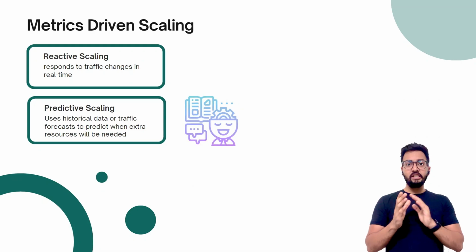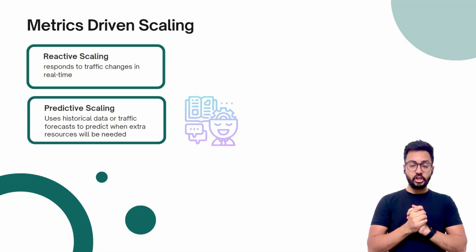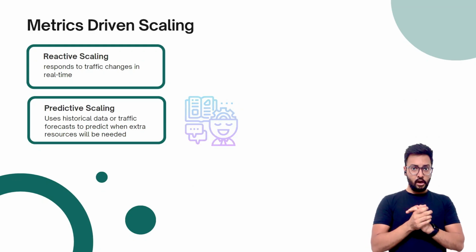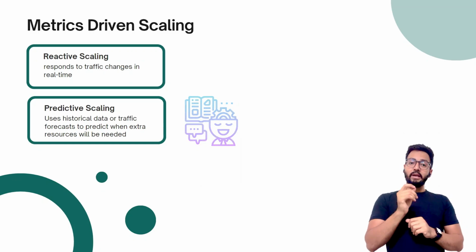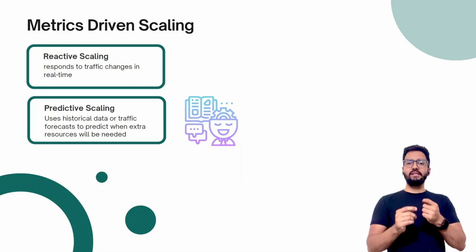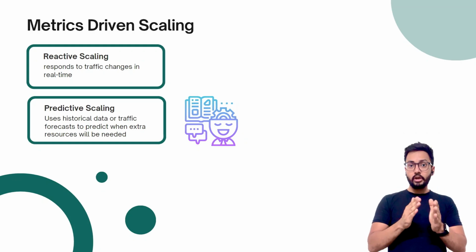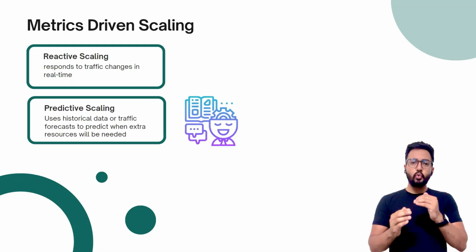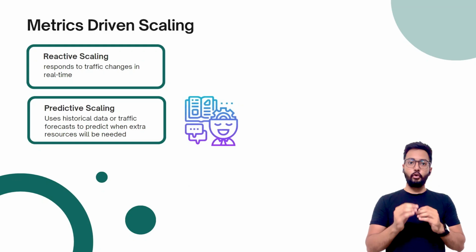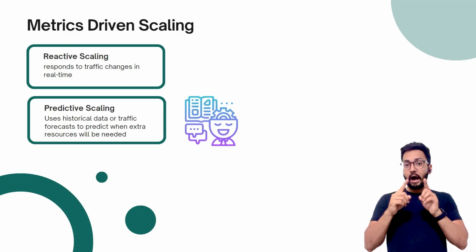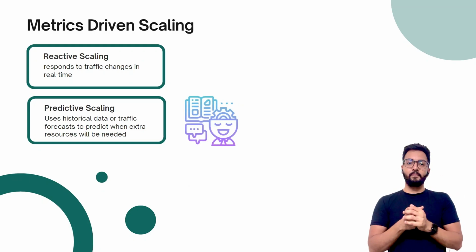For example, a retail site might scale up automatically just before a Black Friday sale to handle the expected surge in traffic. Its biggest advantage is you minimize the risk of cold starts, that is, situations where traffic increases too quickly and the system can't spin up new instances in time, leading to higher latency or even outages.